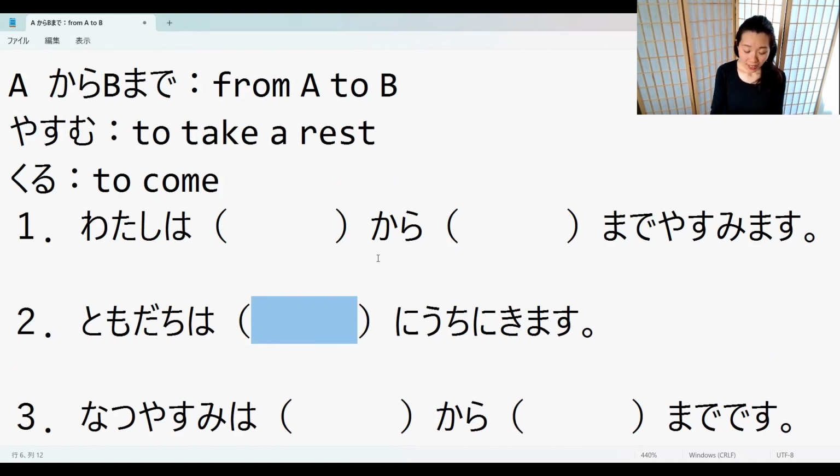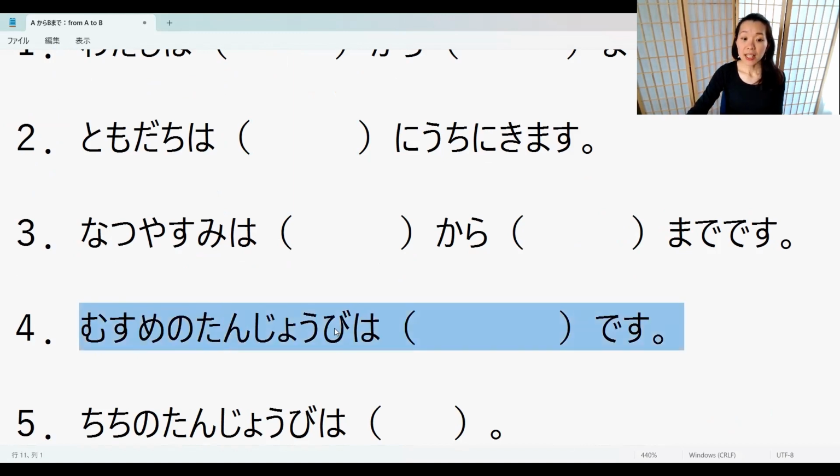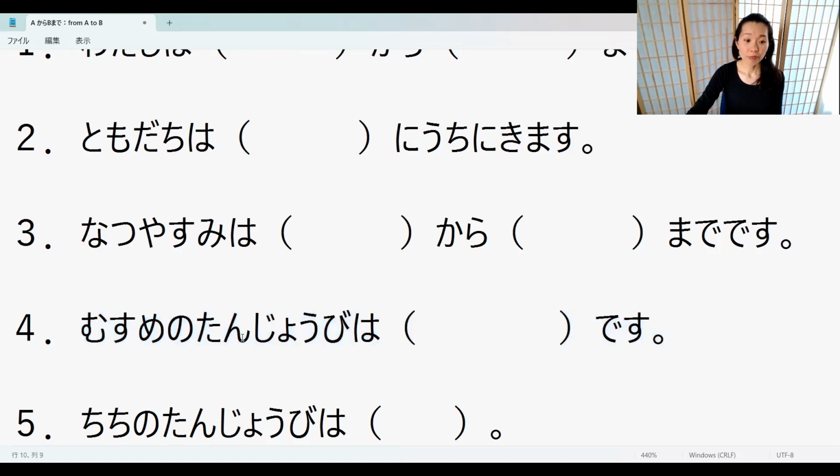1番。私は9月4日から9月20日まで休みます。2番。友達は8日にうちに来ます。3番。夏休みは12月13日から1月29日までです。4番。娘の誕生日は7月2日です。5番。父の誕生日は4月6日です。How did it go?